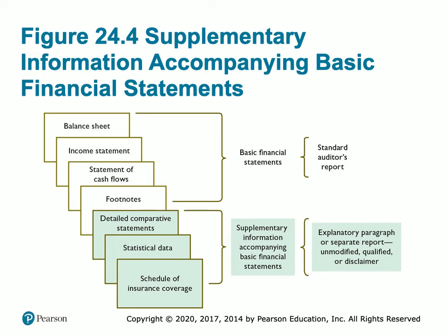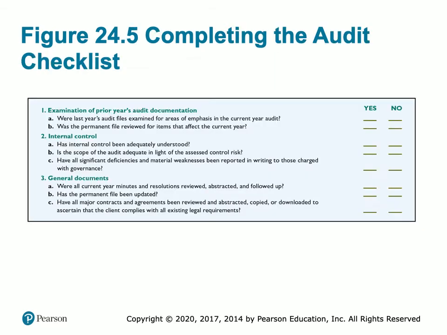So the supplementary information that can be in the basic financial statements could be statistical data, could be other comparative. The non-GAAP information is a big one. Things like that. There are good checklists available to you when you're a member of a firm that will help you with making sure that these procedures are followed.